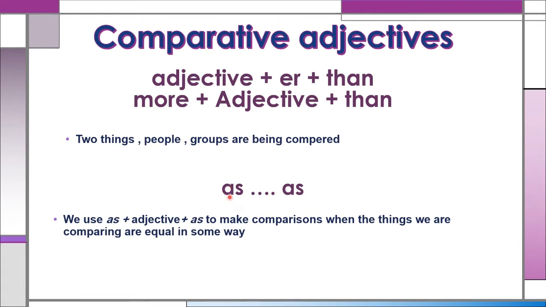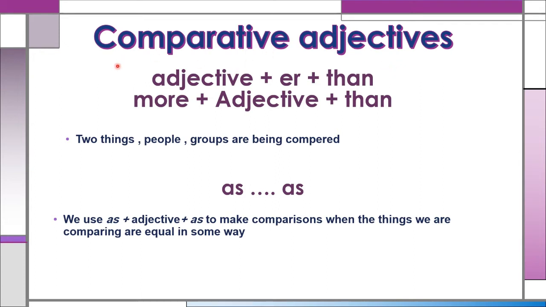To make comparisons when the things we are comparing are equal or the same, we use as. If they are not the same or not equal, we use not as. So these are the two forms in comparative adjectives.